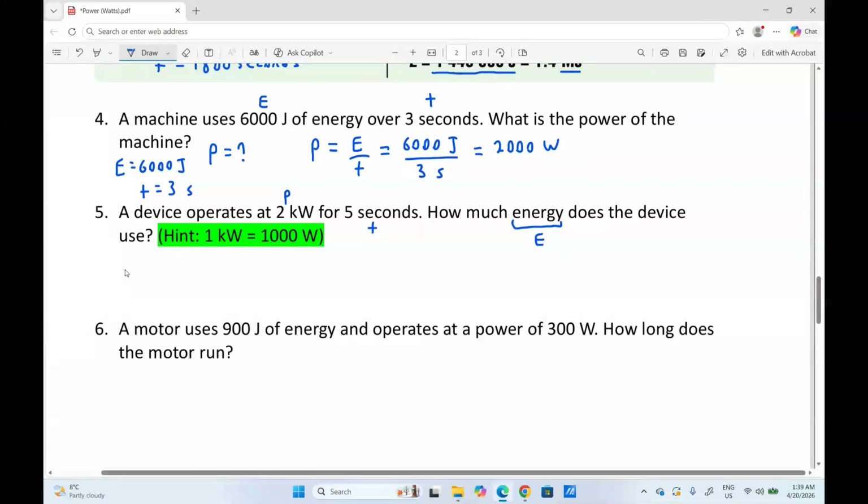Let's write down what I have. Power equals 2 kilowatts. And time equals 5 seconds. And energy is what I'm looking for. Now in this case here, to find energy, I take power and I multiply it by time.